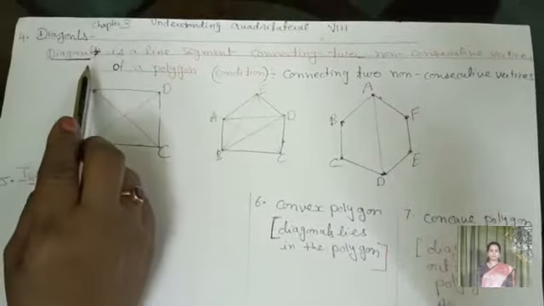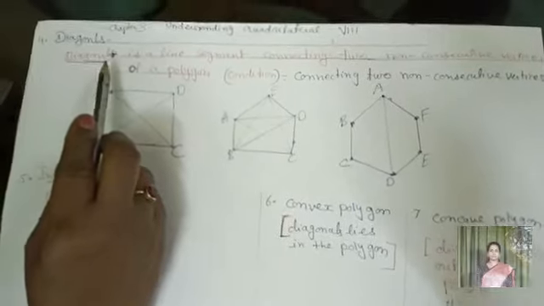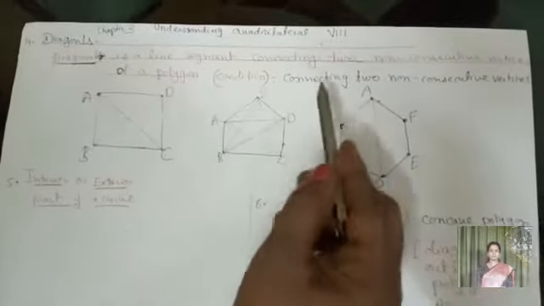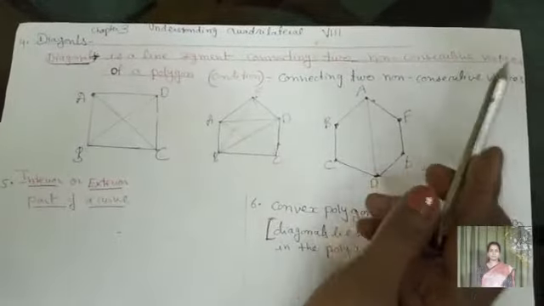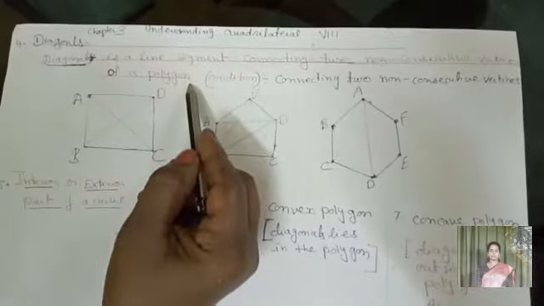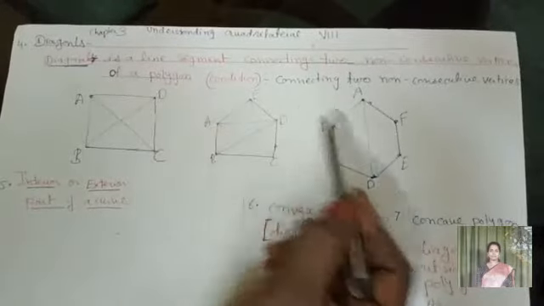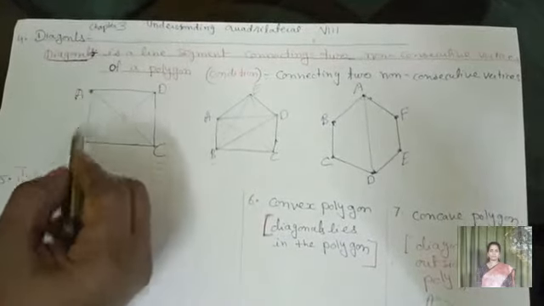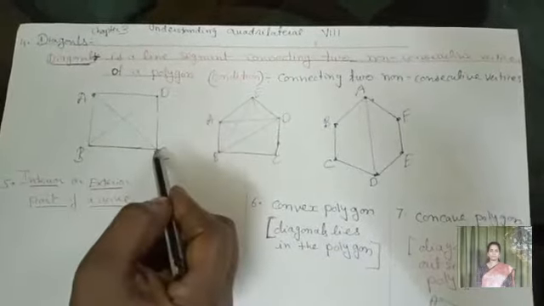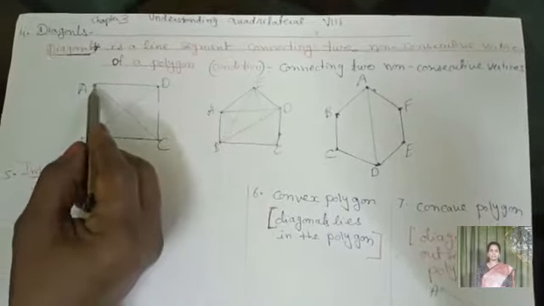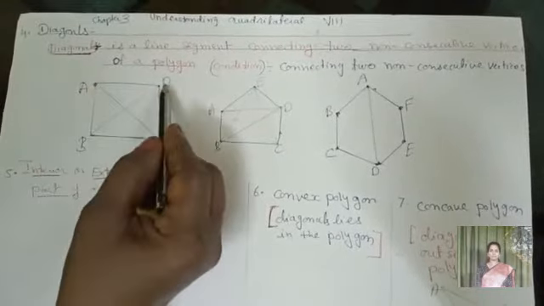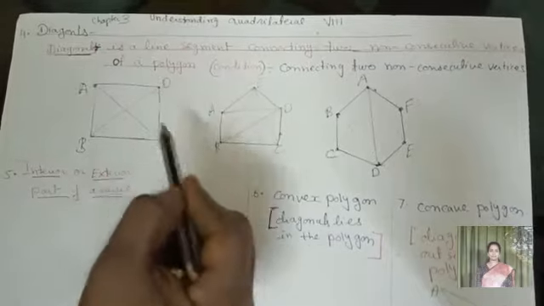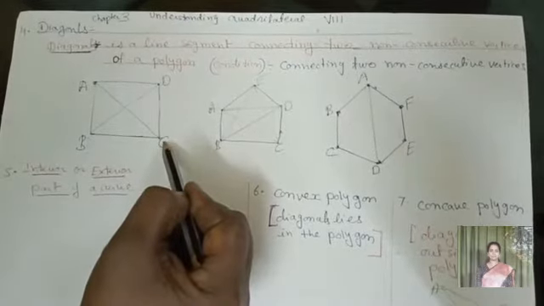So, let us learn about the diagonal. A diagonal is a line segment connecting two non-consecutive vertices of a polygon. First we will see what non-consecutive vertices are. ABCD is a polygon. If A is a vertex, then B and D are the consecutive vertices, whereas C is a non-consecutive vertex.